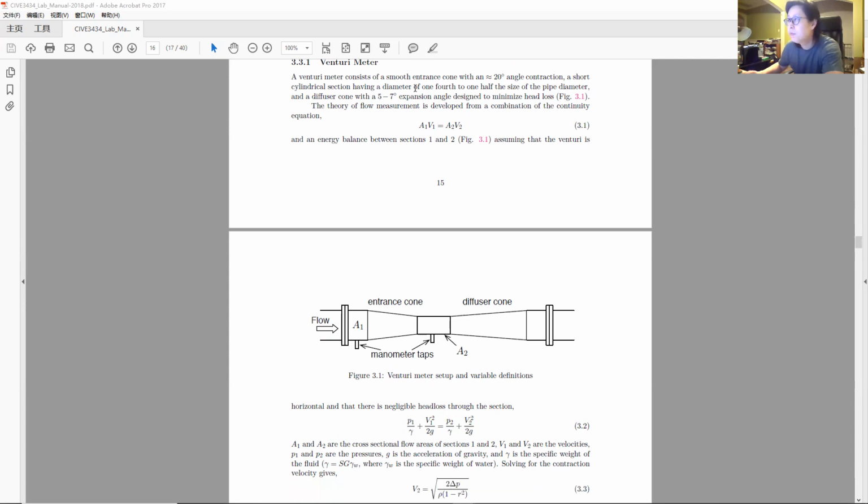A1 is the cross-section area of the pipe, and A2 is the cross-section area of the constriction, which is given.